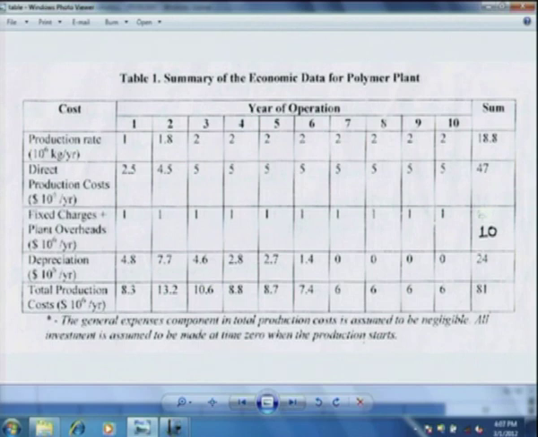So the total production cost over a period of 10 years is $81 million. The general expenses component in the total production cost is assumed to be negligible, and all investment is assumed to be made at time 0 when the production starts.